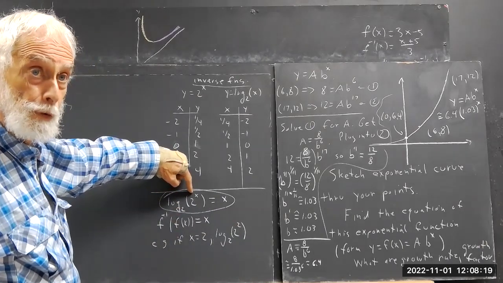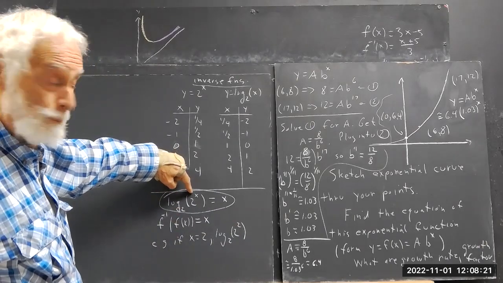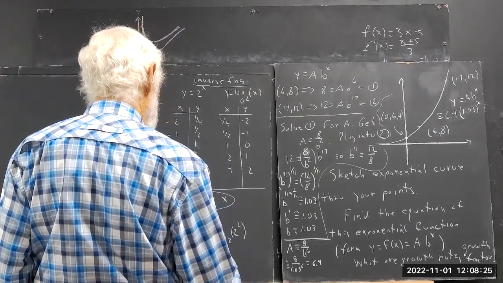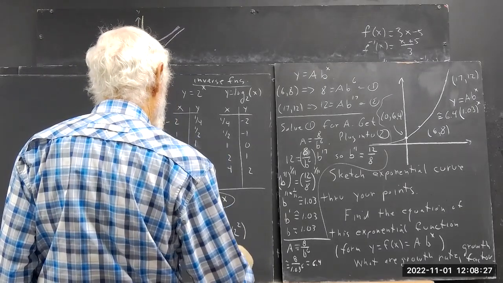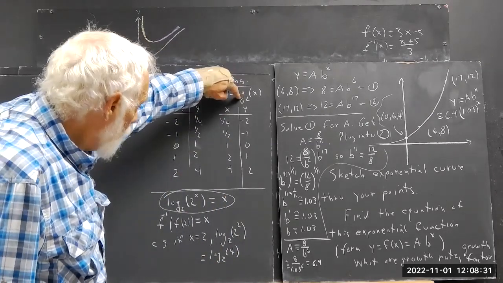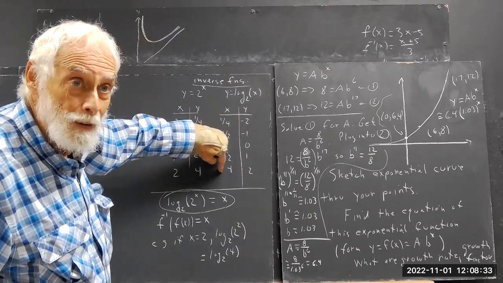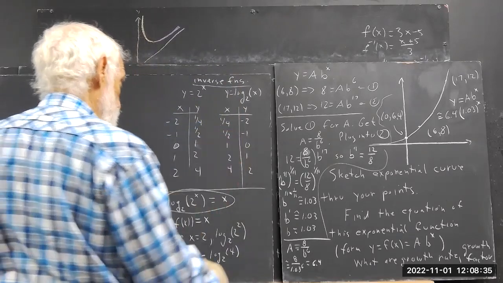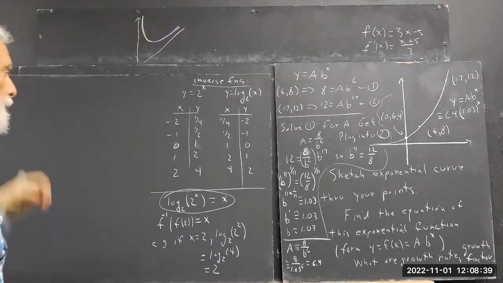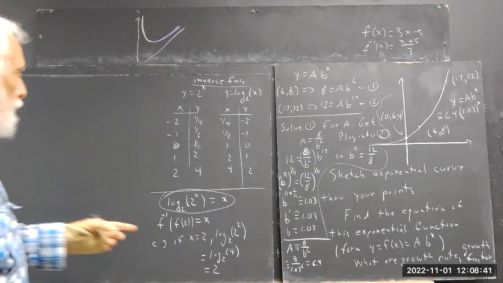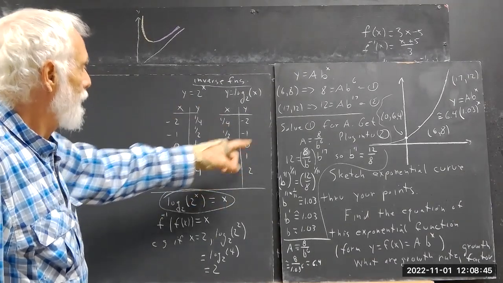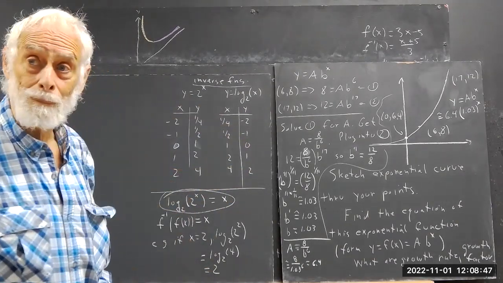Putting x equals 2 in here, right? That's log base 2 of 4. Go to your log base 2 table, there's 4. Log base 2 of 4 is 2. It's going to be true for any other value. Take any value in this table, plug it in over here, and you're going to get back what you started from. Okay?